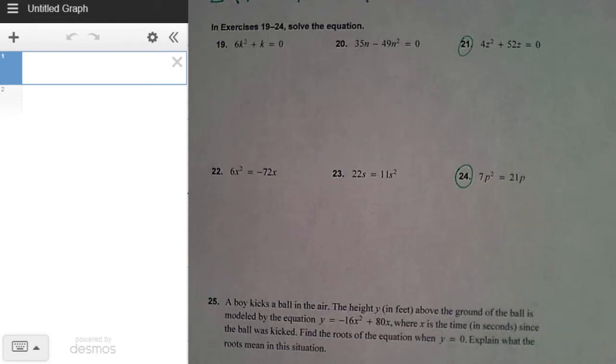So if we multiply two things together, at least one of those is going to be 0 if our output, our answer, is 0. So here we go. It just tells us to solve this equation. So we're given an equation that 6k squared plus k is equal to 0.